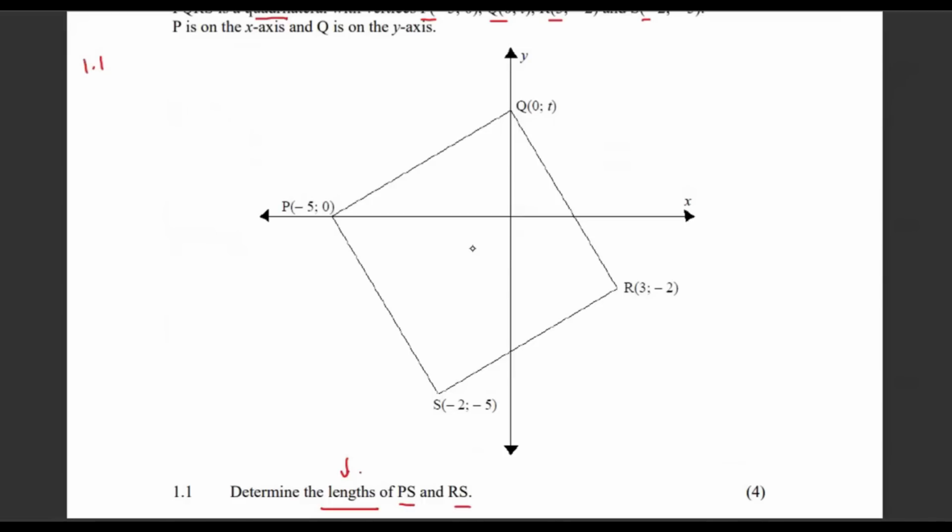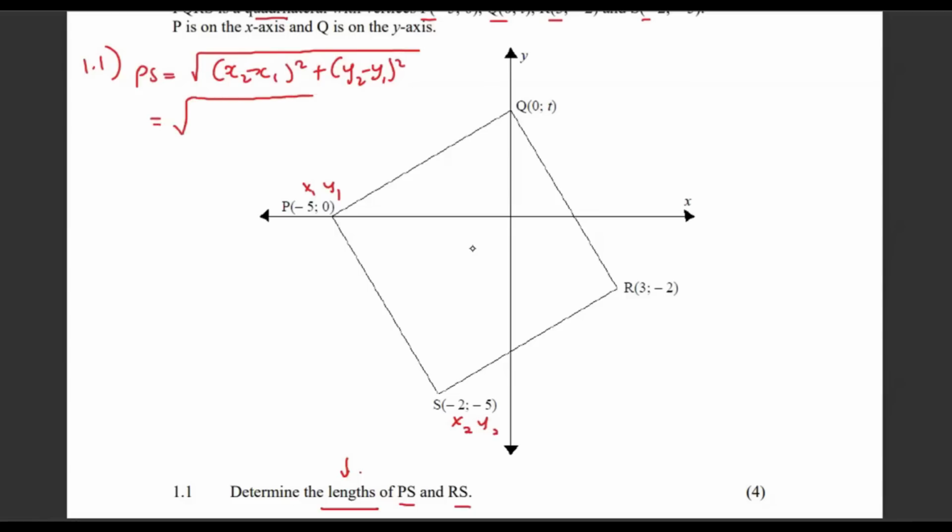So 1.1, with my distance formula, we know that PS is going to be the square root of x2 minus x1 squared plus y2 minus y1 squared. Now my focus is PS, so I can call this x1, y1, x2, y2, and then I'll just substitute into the formula.